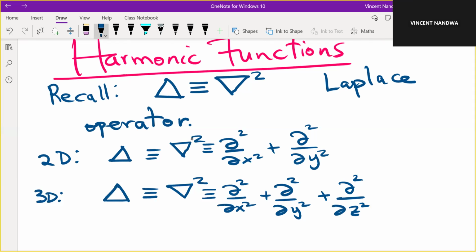So this is what we call the Laplace operator. Either use the triangle or this inverted triangle and square. So in 2D, we only have x and y. In 3D, we have x, y, and z.